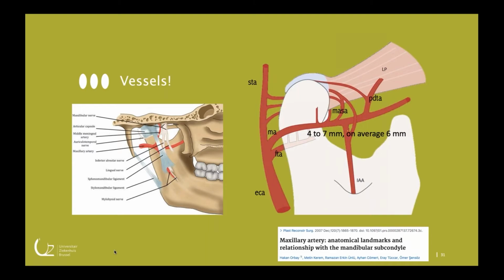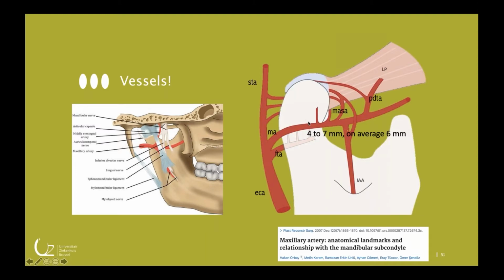Vessels, very important. The medial extension of your reciprocating saw, your Lindemann drill or Fisher burr used for the condylectomy, should be gauged with reference to the mandibular nerve and the maxillary artery.